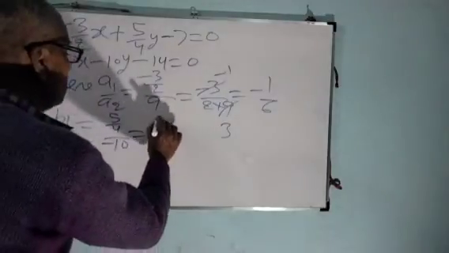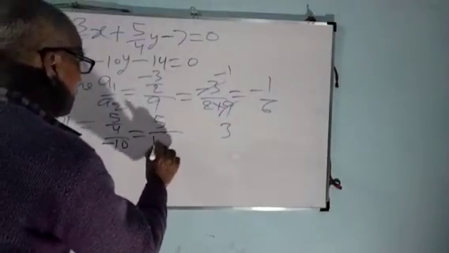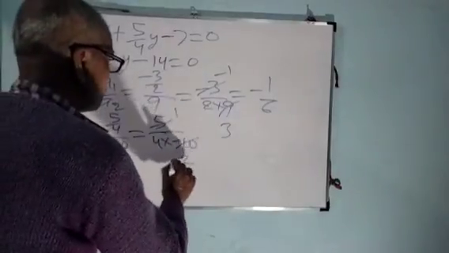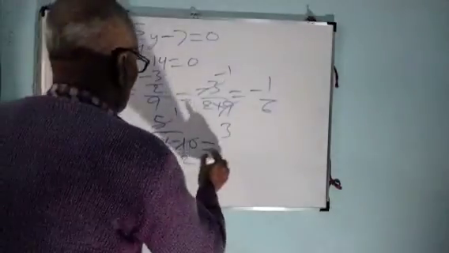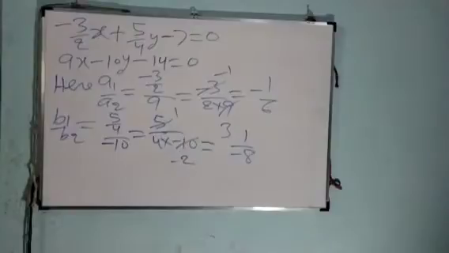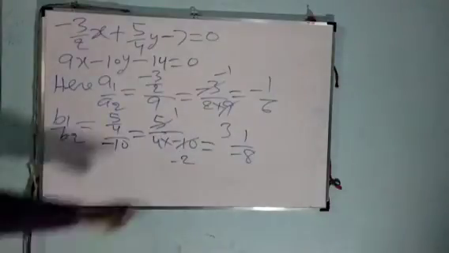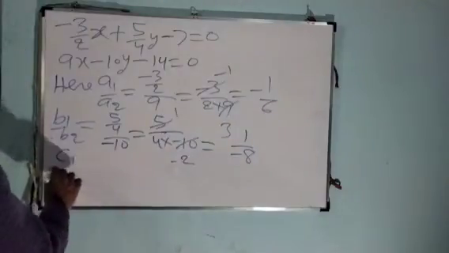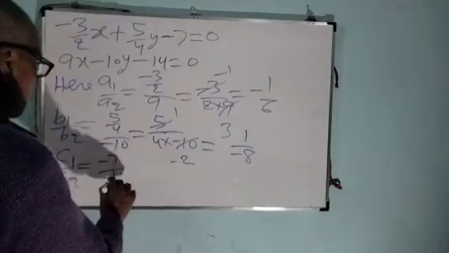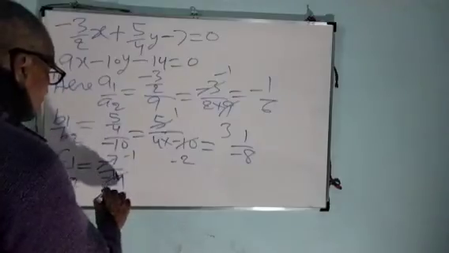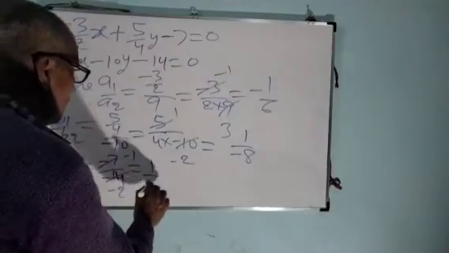This is equal to 5 by 4 into minus 10. Minus 1 by 8. And C1 by C2 is equal to minus 7 by minus 14, which is equal to 1 by 2.